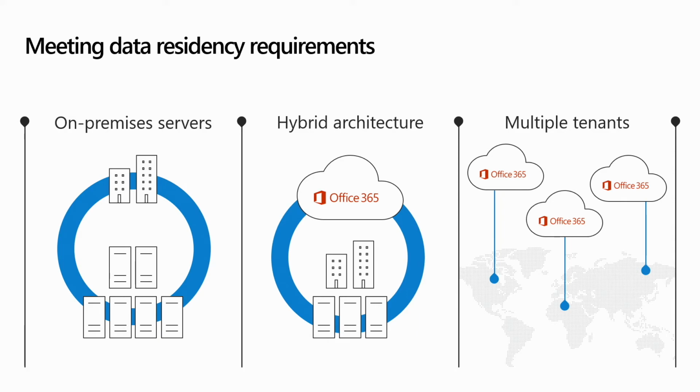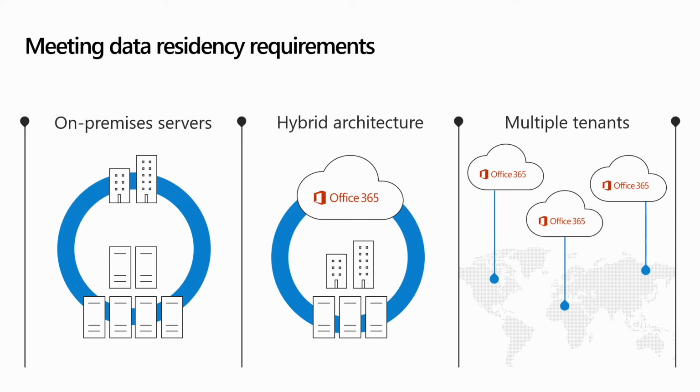The third option is to create multiple Office 365 tenants. For multinational organizations, this means setting up and maintaining separate islands. Users only gain cloud benefits and collaboration benefits for the geographical region they're in. They don't really collaborate with other users across other tenants.